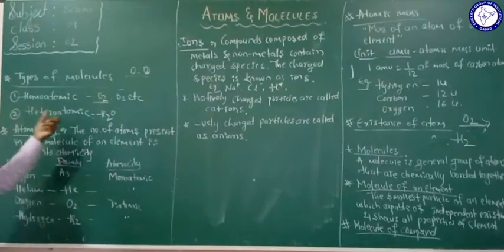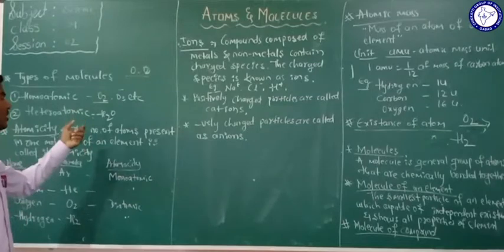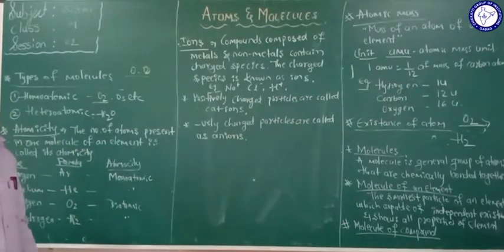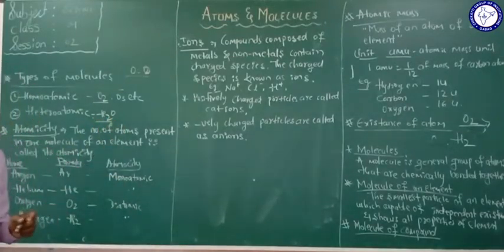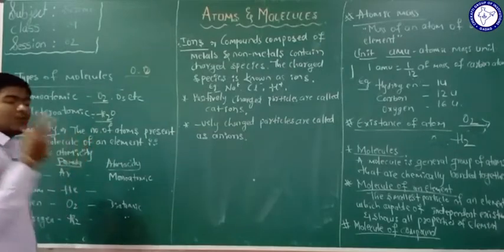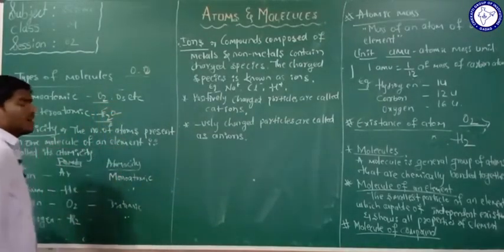And what is meant by a heteroatomic molecule? A heteroatomic molecule is a molecule which contains different types of atoms. One example is the water molecule. A water molecule contains two types of atoms, one hydrogen atom and another oxygen atom.